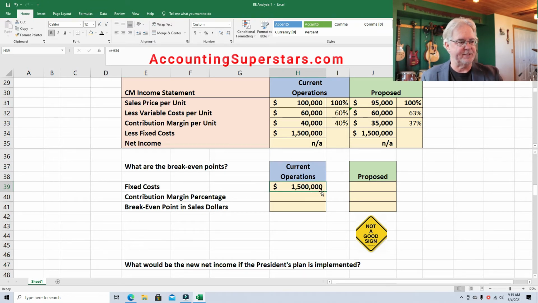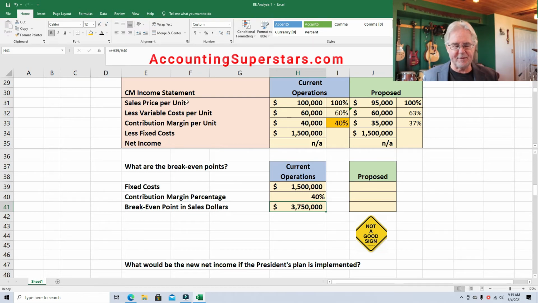Never, ever on a per unit basis. And what you do is divide it by the contribution margin percentage. So you might say, well, contribution margin percentage, what's that? Well, it's right here, folks. We just figured it out. There it is, 40%.